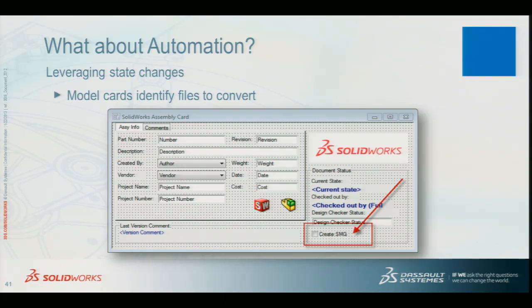So as an author, or as a manager, or as an engineer, I could set that value and turn it on for documentation. I don't necessarily need to have an SMG file for every assembly file, every part file that I have in my system. So I can choose, in this case, which ones I am interested in.